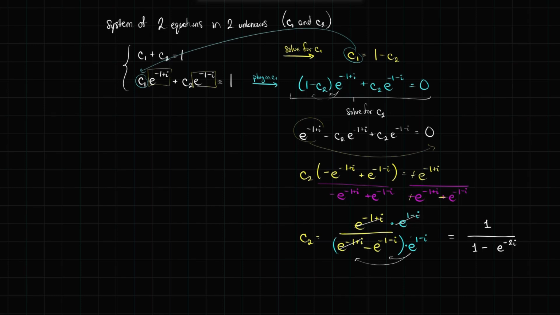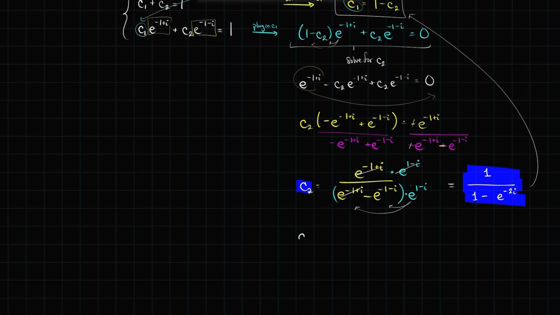And then now that we know what C2 is equal to, we can go ahead and plug C2 into that formula for C1. That's going to give me that C1 is equal to 1 minus this object, 1 divided by 1 minus e to the negative 2i. And then if I want to do common denominator, I certainly could.